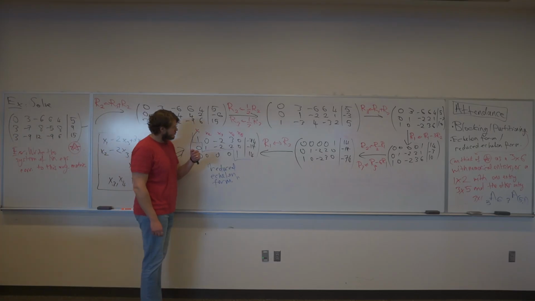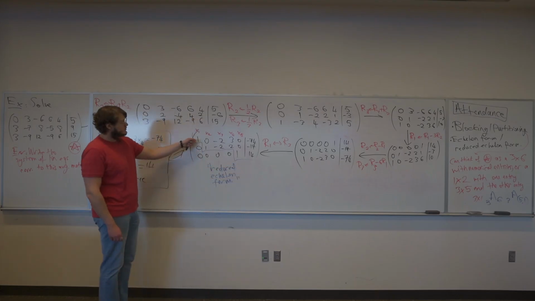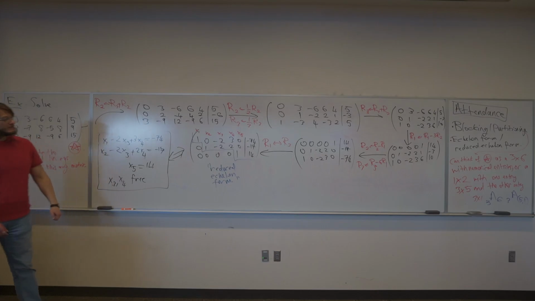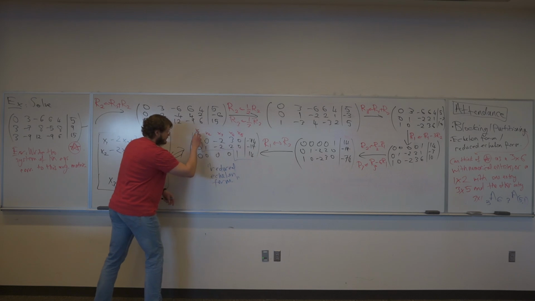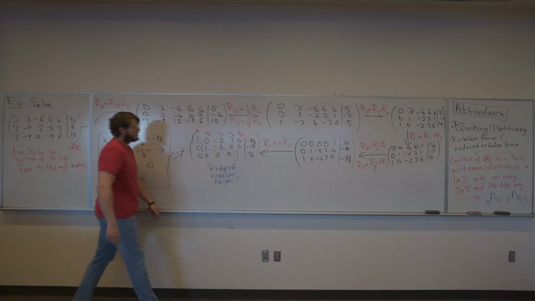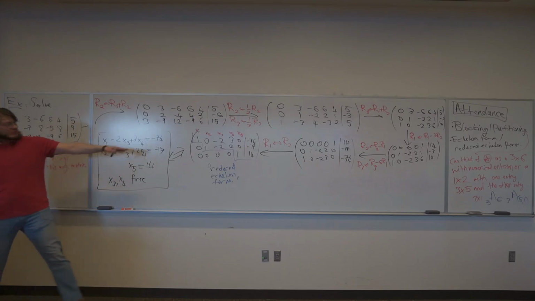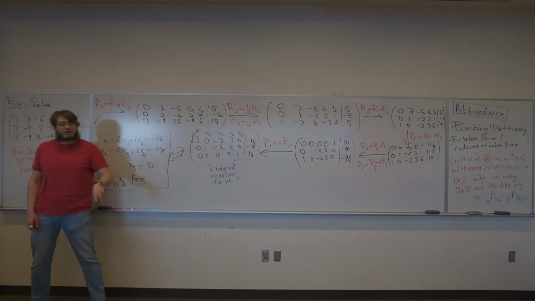Now the pattern is this. There are 3 steps in this specific reduced echelon form. In other words, there are 3 rows with non-zero leading entries. These we're going to call pivots. These specific steps, this entry and this entry, we call pivots. So the number of pivots, in other words the number of steps in your reduced echelon form, is the 3rd important number.